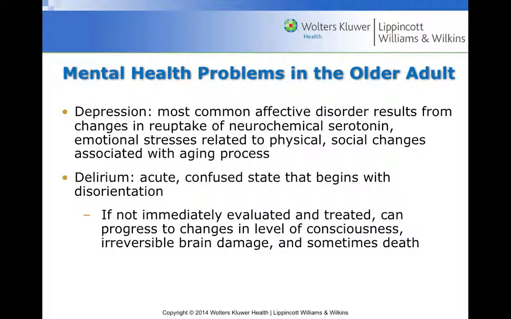Cognitive changes may be reversible when underlying conditions are identified and treated. However, the susceptibility to depression, delirium, and the incidence of dementia increases with age. Older adults are less likely than younger people to acknowledge or seek treatment for mental health symptoms.